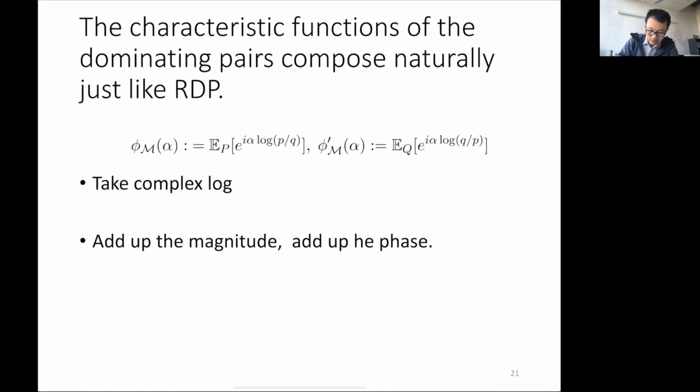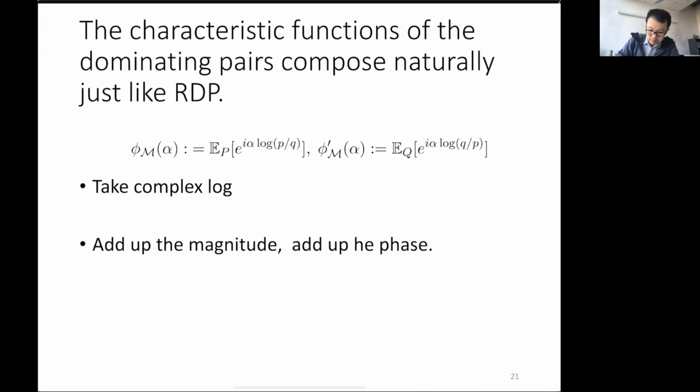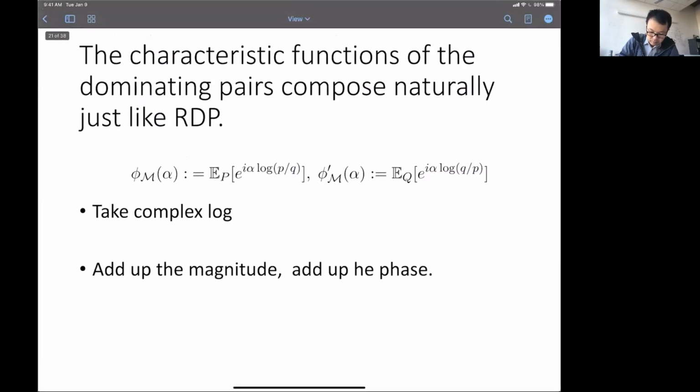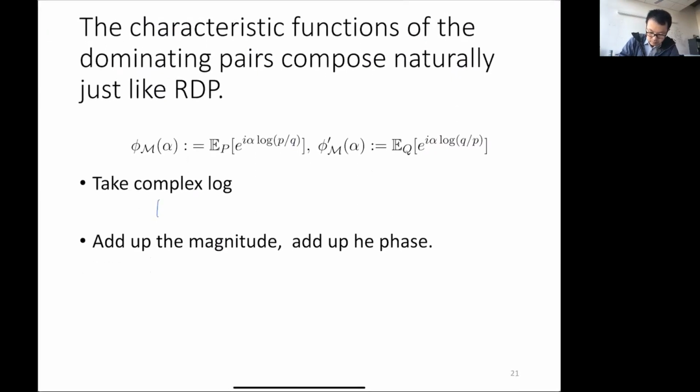Basically, if we take log of M1 of alpha and log of M2 of alpha, then we can recover the log of phi M1 M2 of alpha.